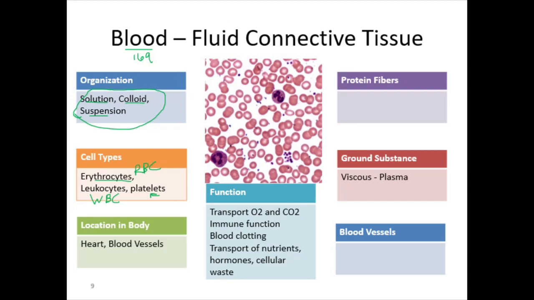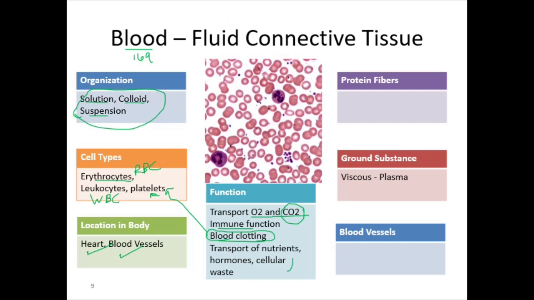It's in our heart and all of our blood vessels, transporting oxygen and carbon dioxide, taking oxygen from the lungs to the tissues, and carbon dioxide, the byproduct of cellular respiration, back to the lungs so it can be exhaled. Lots of immune function, blood clotting, platelets would be blood clotting, transporting all the nutrients, hormones, cellular waste, all of that stuff.